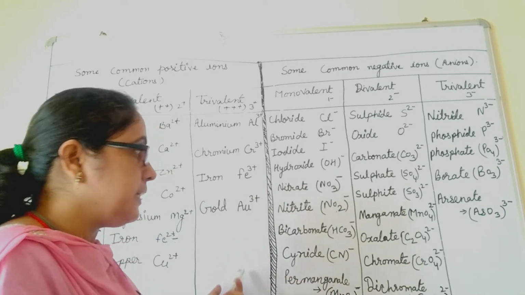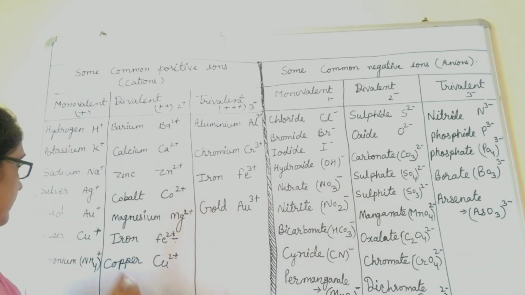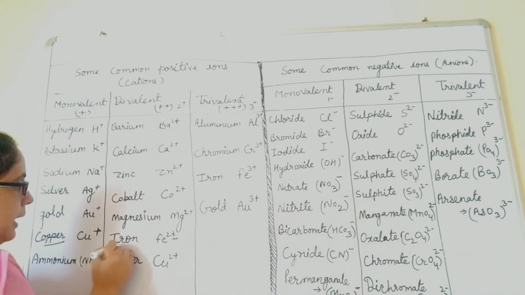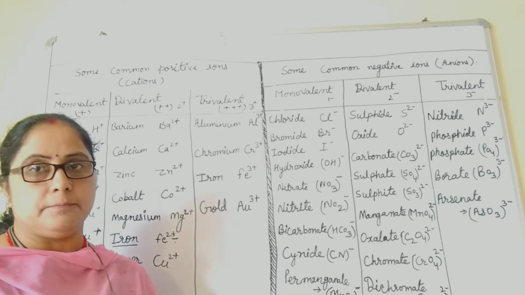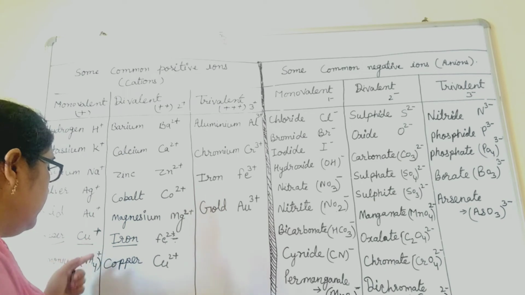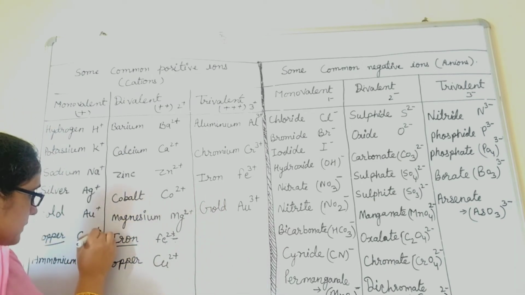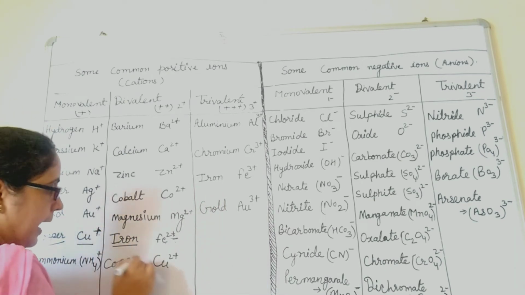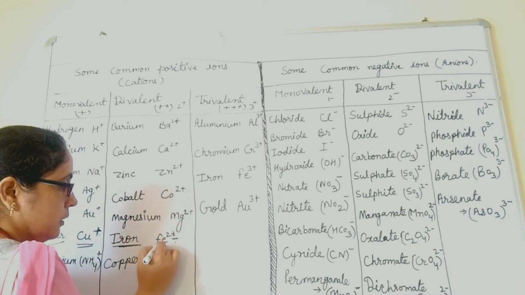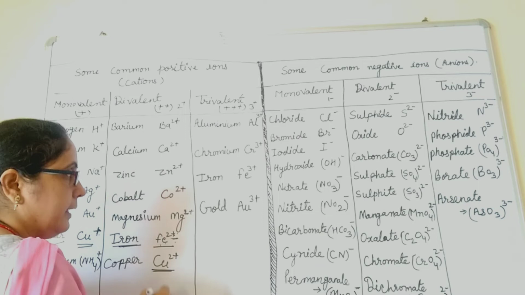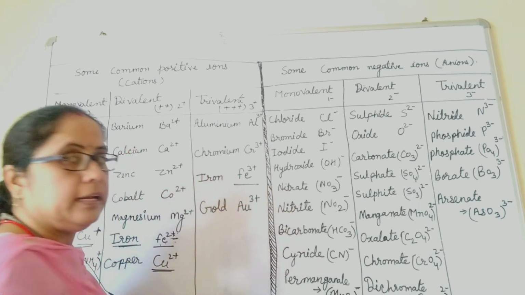And from this table we conclude that some elements like copper and iron show more than 1 valency. Like copper has valency 1, that is Cu+, and Cu2+. Similarly, iron has Fe2+ and iron also has Fe3+.